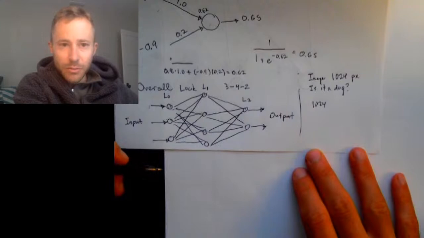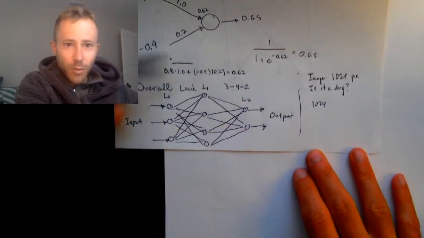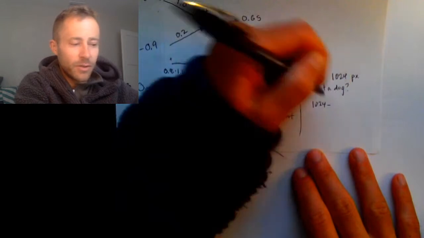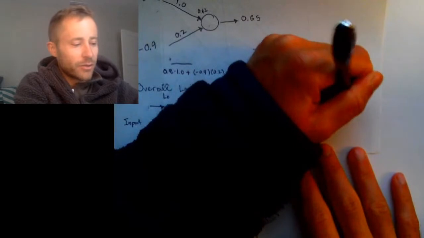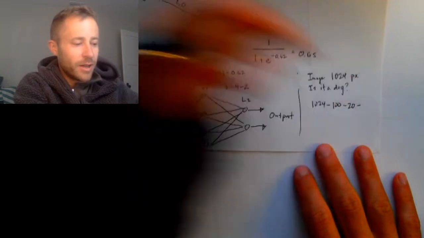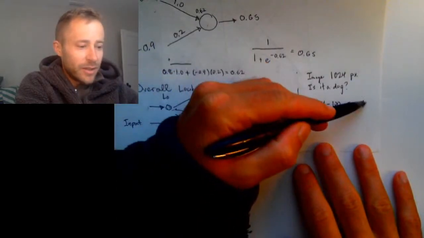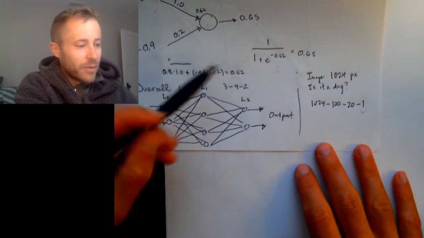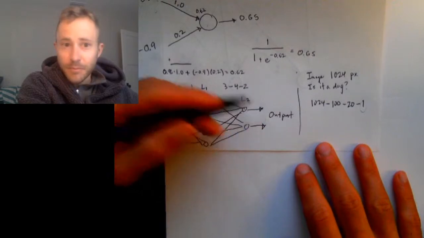Okay, so each pixel, maybe the brightness of that pixel, is an input to one of the neurons, and then it has a number of layers. Maybe, I don't know, it goes to a 100 neuron layer, and then maybe that goes to a 20 neuron layer, and then maybe that goes to a 1 neuron layer. Okay? So in the output layer, there's only going to be 1 neuron.